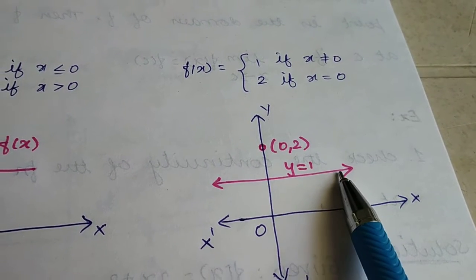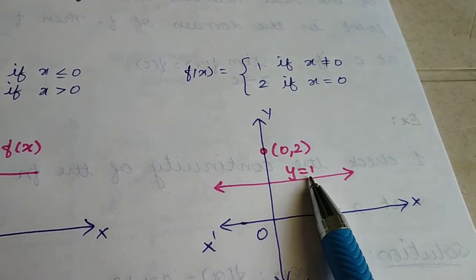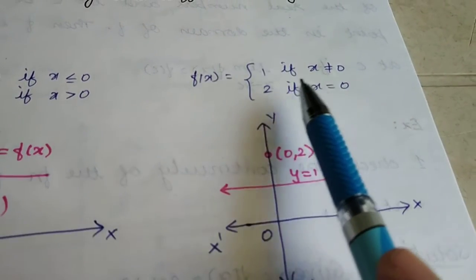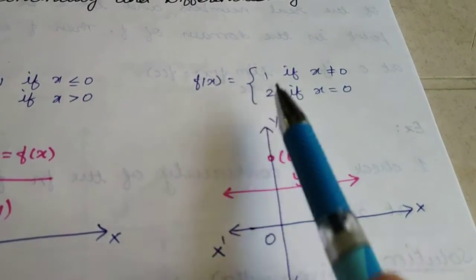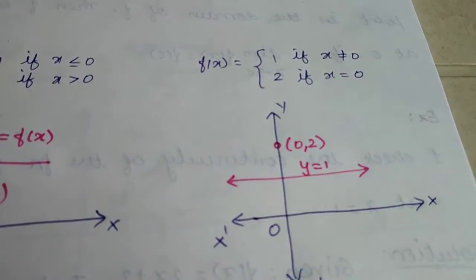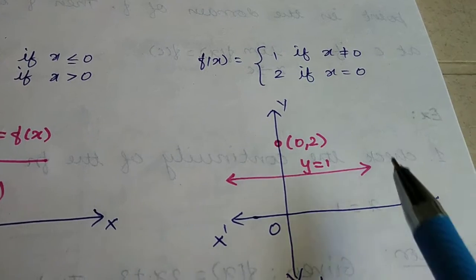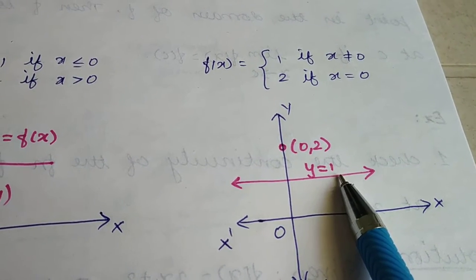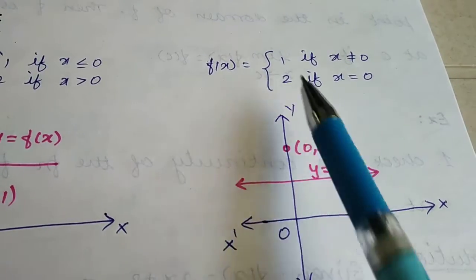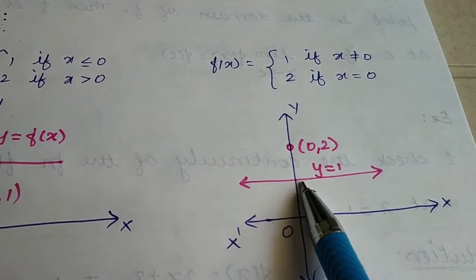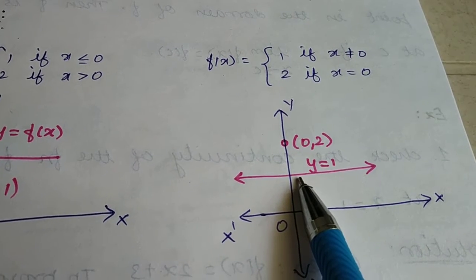Here we are getting a line corresponding to the point y equal to 1. So if you are getting y equal to 1, then we can draw a line like this. Here we have drawn the line without lifting the pen. But one more point we have is (0, 2), which is not included in the graph.